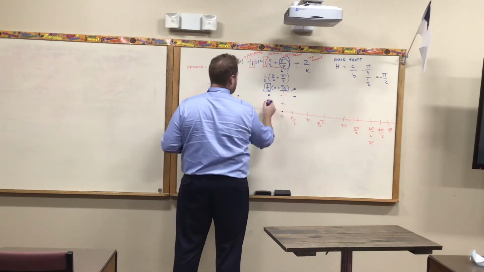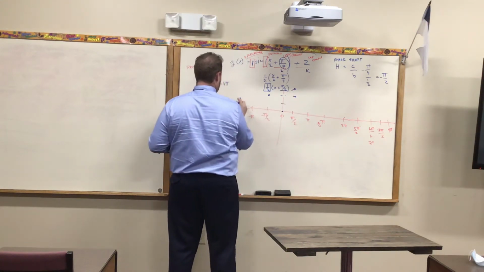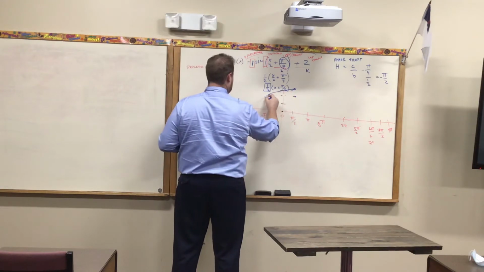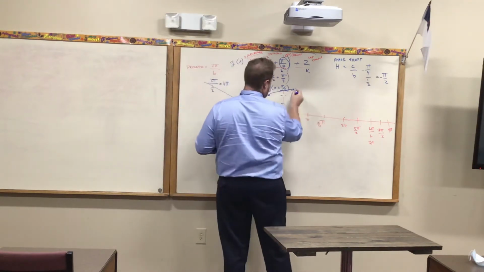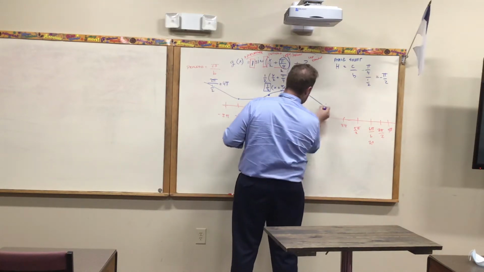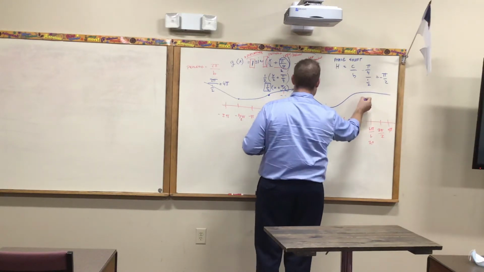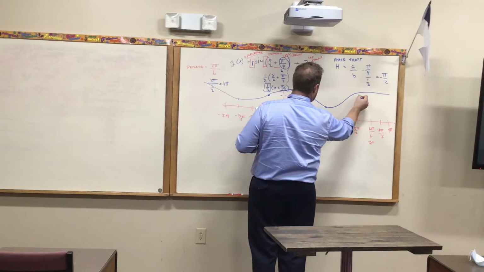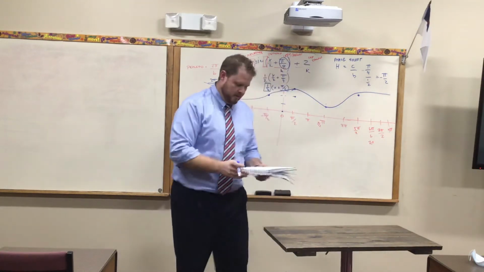It's going to look like this. Back up. 5 pi over 2 is the next one. Okay? So that makes sense to everybody?